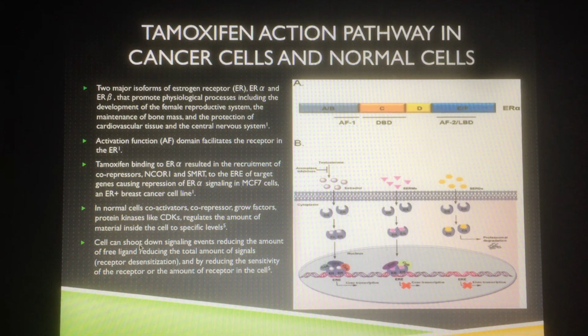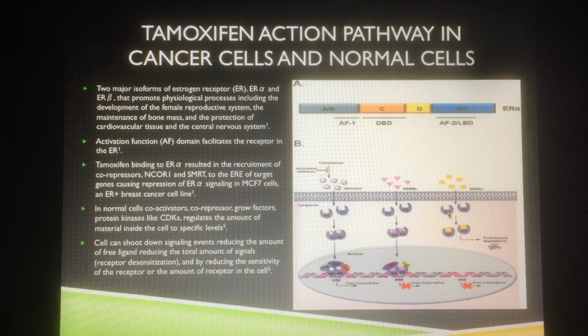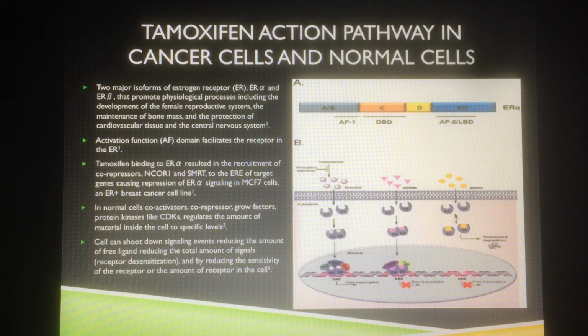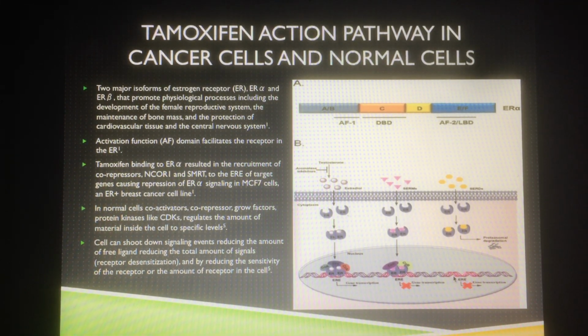So cells can shut down signaling events by reducing the amount of free ligand, reducing the total amount of the signal, or by reducing the sensitivity of the receptor or the amount of receptor in the cell. In normal cells, they shut down these enzymes inside the cell in order not to produce too many signals, and in this way they inhibit the gene transcription.